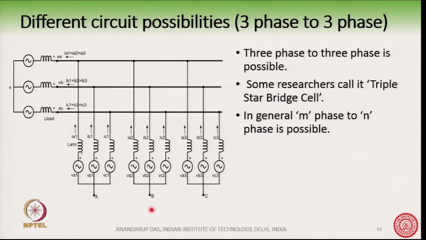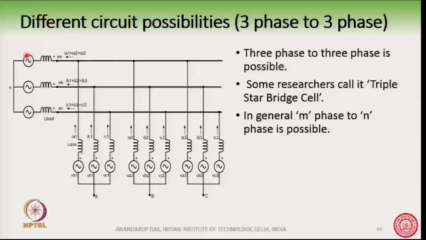So, this can be connected to a motor and this can be connected to a grid, or vice versa. Some researchers call it a triple star bridge cell, and it is also sometimes called a modular multilevel matrix converter, MMMC; that word is also used.